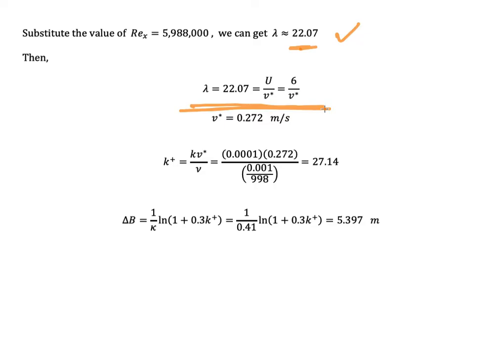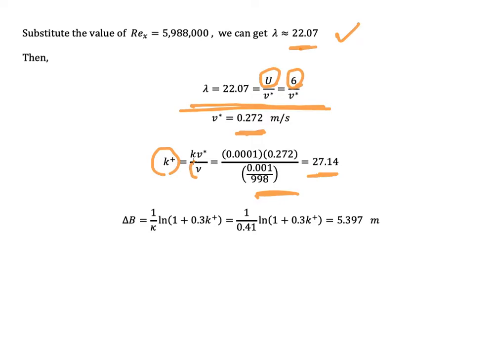We have u over v star, and we substitute u here with the free stream velocity, which is 6 meter per second. So we get v star here as 0.272 meter per second. Then we could calculate the value of k plus like this, and we get it equal to 27.14.